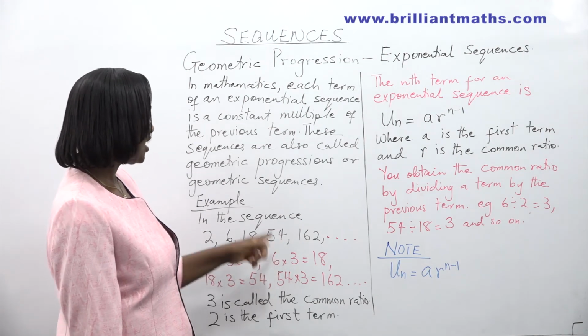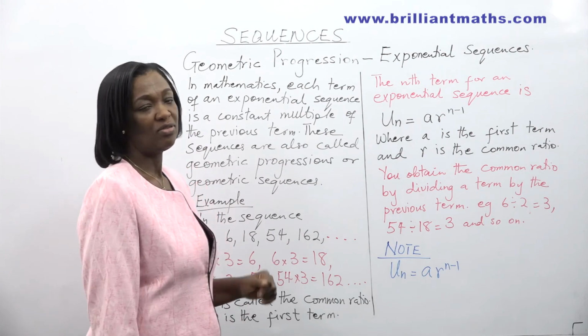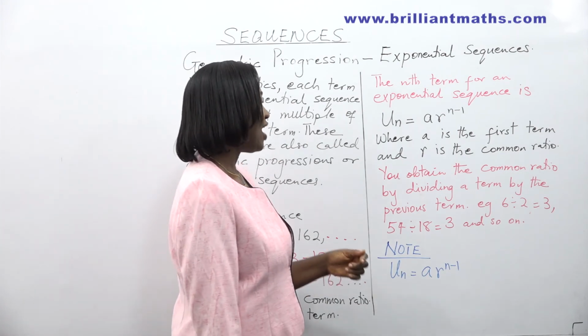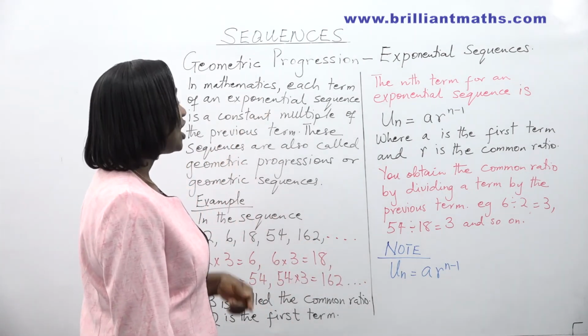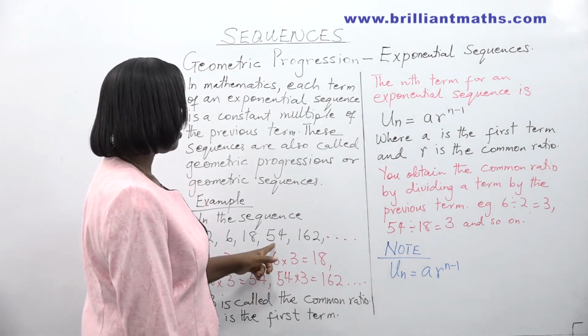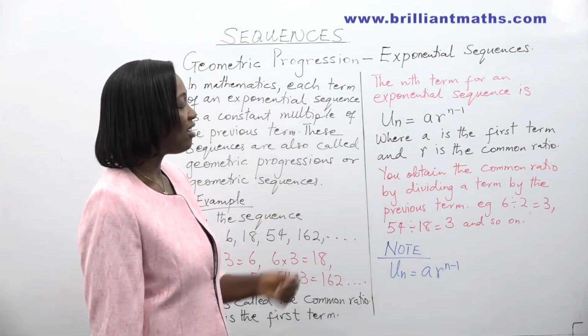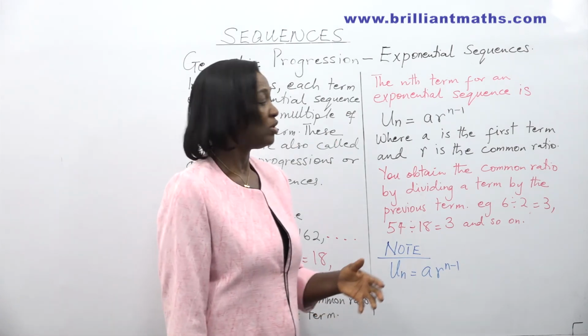So it will be a times 3 to power 4 minus 1, 3 to power 3. And 3 to power 3 is 27. And 27 times 2 will give us 54.